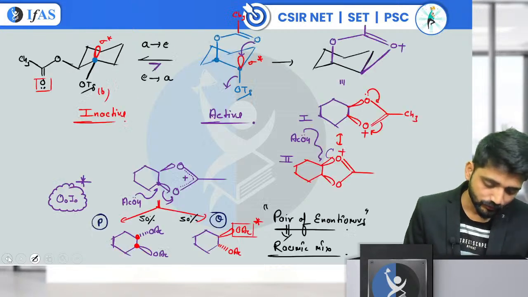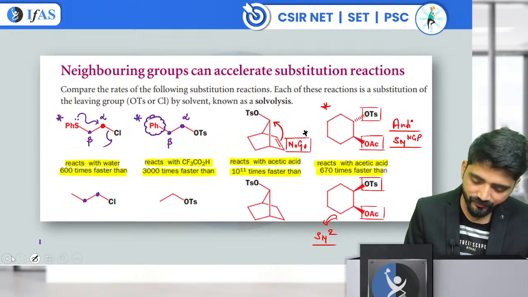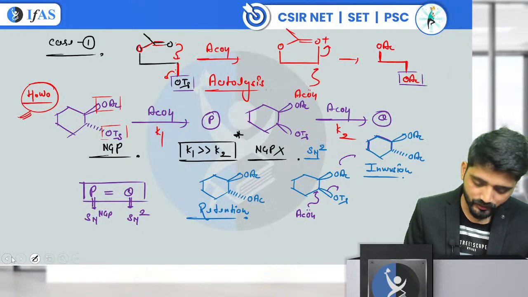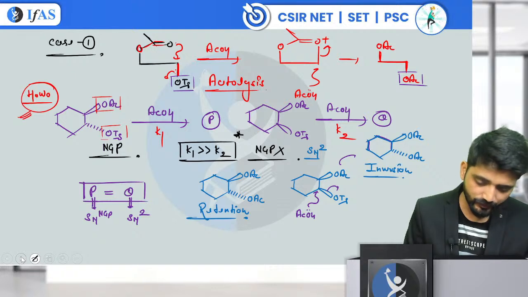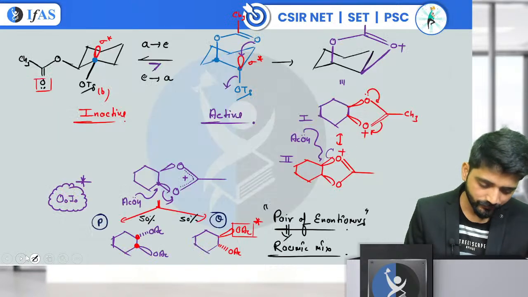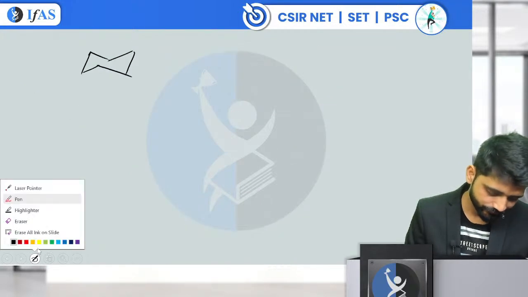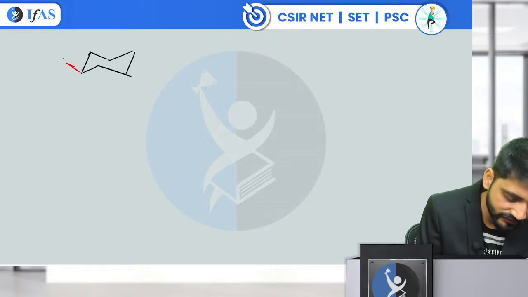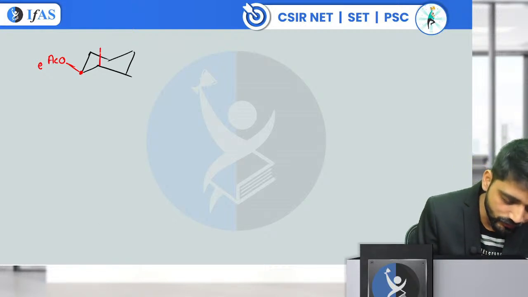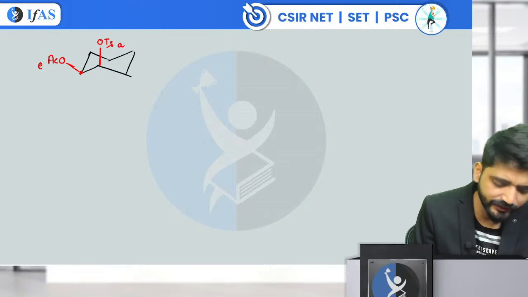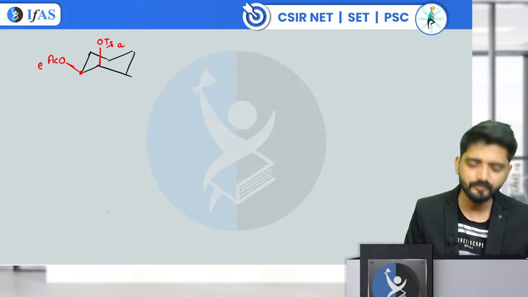For this scenario, the OAc is placed above the plane and the OTs is placed above the plane. I have placed at this center the OAc above the plane. I have kept this at the equatorial center and the OTs is also above the plane, so this will automatically go at the axial center.